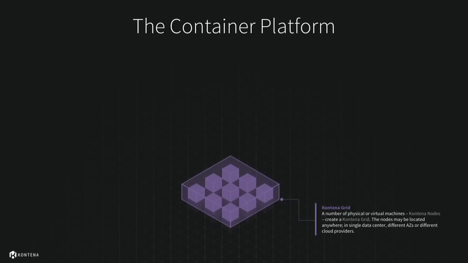They can be running in a single data center in Amazon or Google Cloud, or you can spread your nodes across different cloud providers. You can even have some nodes in private data centers, some in public clouds, in a hybrid combination.